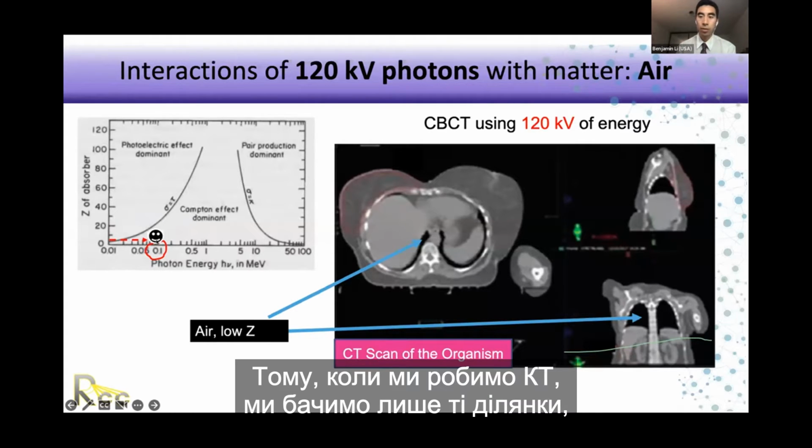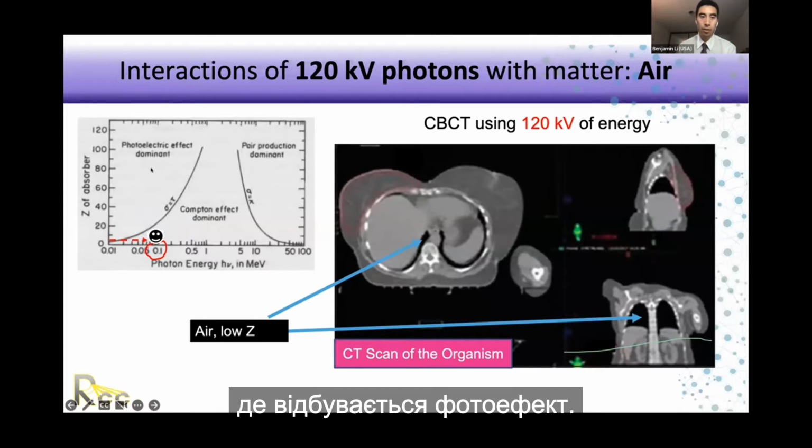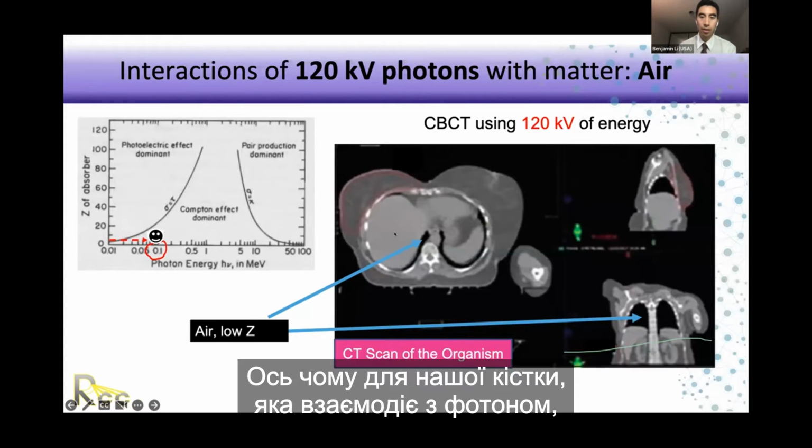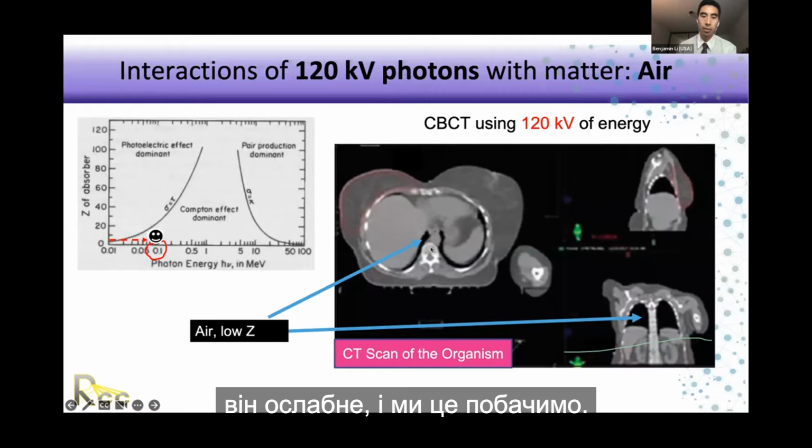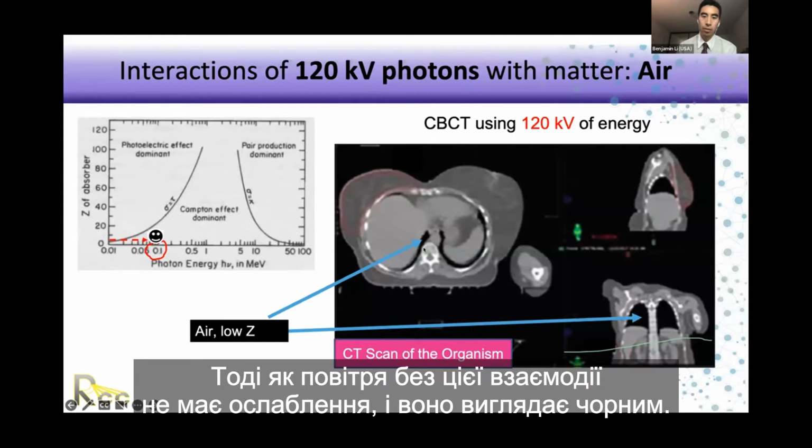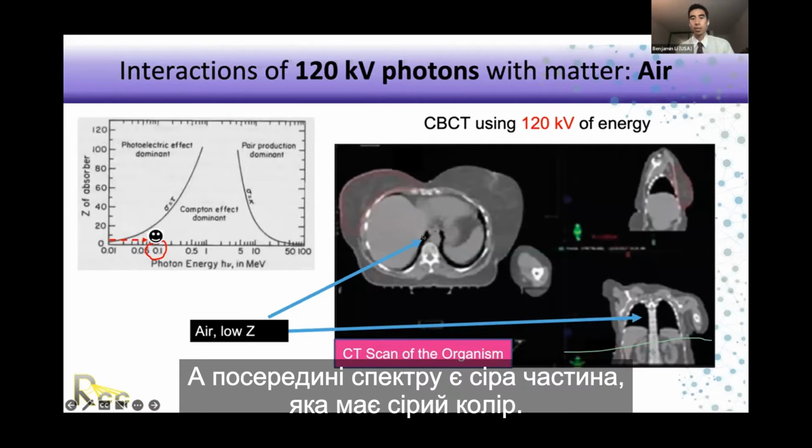And so when we do a CT scan, we're only going to see stuff where the photoelectric effect is happening. So that's why for our bone that's interacting with that photon, it's going to attenuate, and we'll see that. Whereas the air, without that interaction, there's no attenuation, and it looks black.